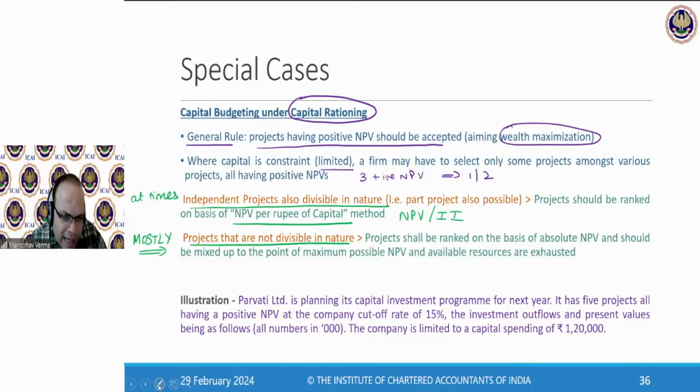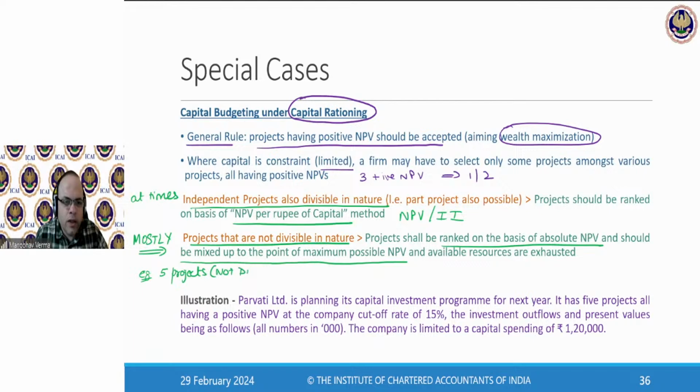And most of the time, where the projects are not divisible, you simply rank on the basis of absolute NPV, and you pick the projects giving the maximum possible NPV. Now, this is also very interesting, guys. Let's say, again, I'm giving you the same example: five projects, and they are non-divisible.